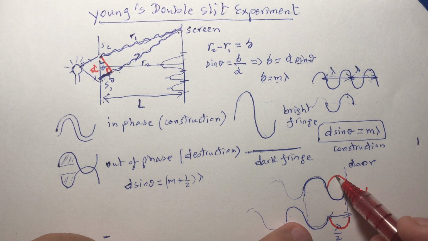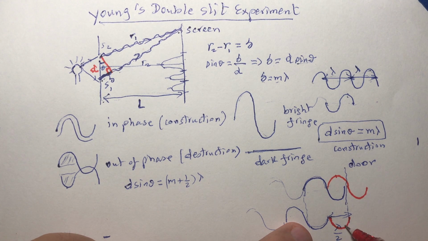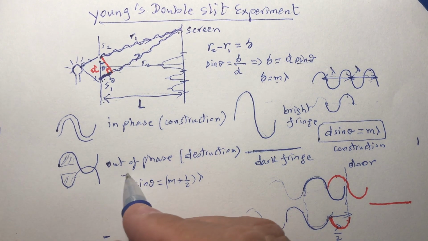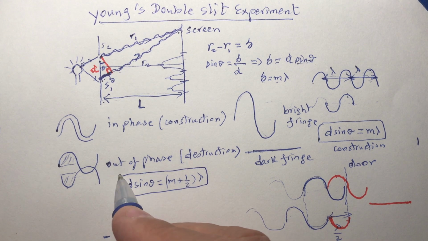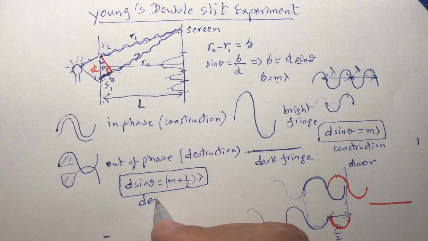So you see this one here meets that one. This bump meets this dip, and they cancel each other out, and you get a flat outcome, and this is destruction. They destruct. So you get a dark fringe. I put here destruction.